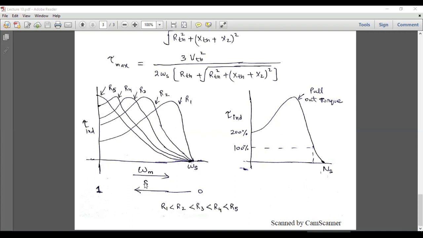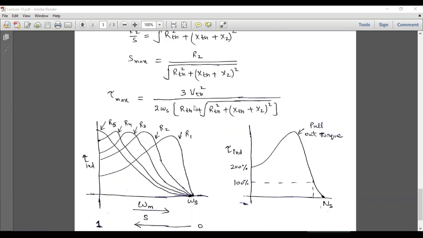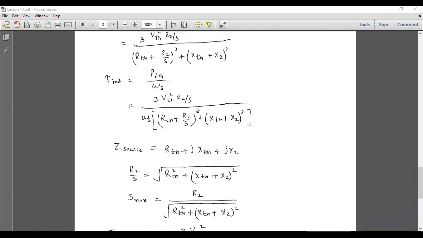So S max depends on the rotor resistance, which can be observed in this expression. The starting torque also depends on the rotor resistance. The expression for the starting torque is the same expression we can see here, with the only difference being S. If we substitute S as 1, this expression becomes T start.